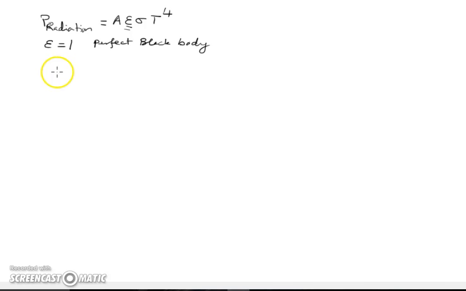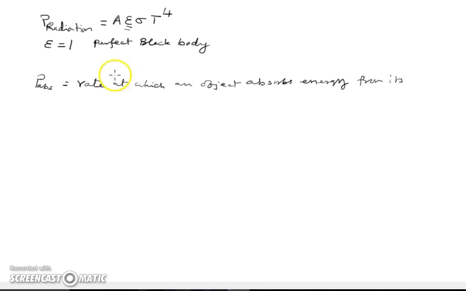We can also talk about what happens with absorption. P absorption is the rate at which an object absorbs energy from its surrounding or environment.